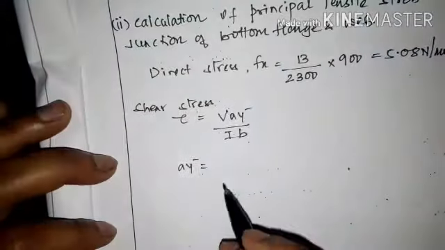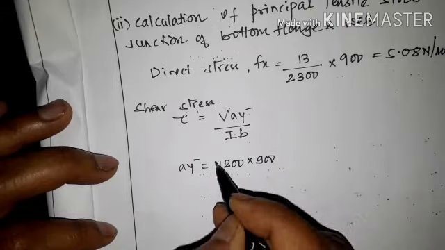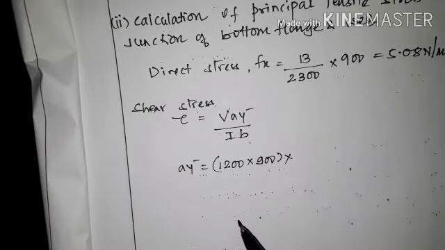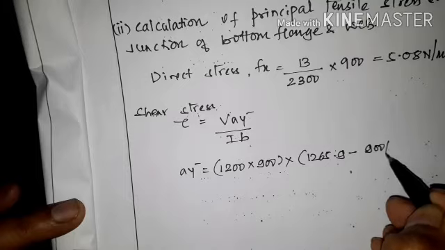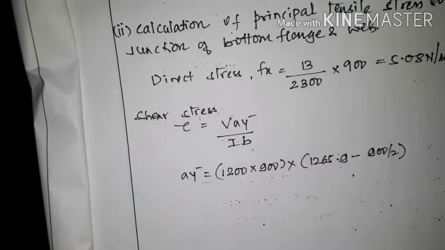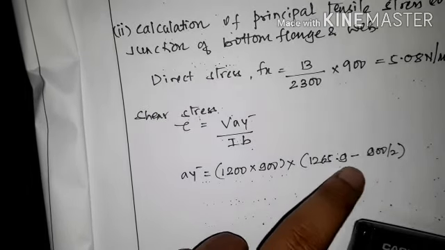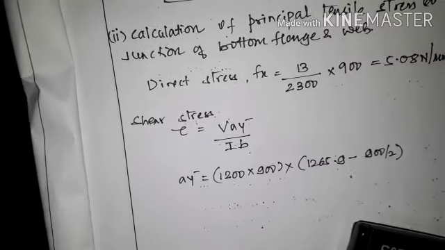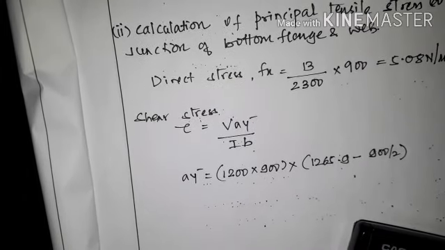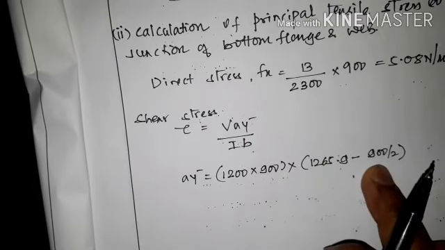Here the area is 1200 by 900, and y is 1265.9 minus 900 divided by 2, because it is up to the center of the bottom flange, so that is 815.9.